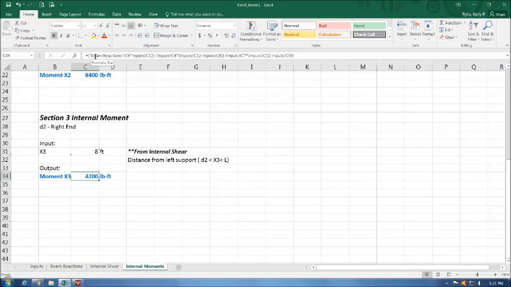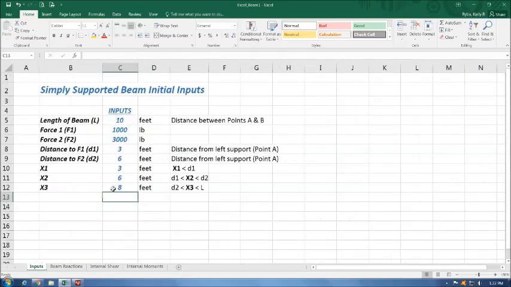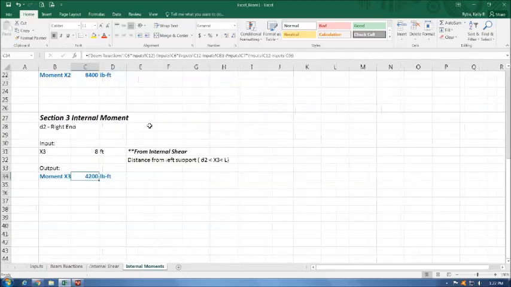Remember, you're pulling from the earliest places that you input them. So, our AY times our D1, or I'm sorry, times our X3. So, X3 right here is right there, so it's going to be the C12. That's what we have here, input C12.